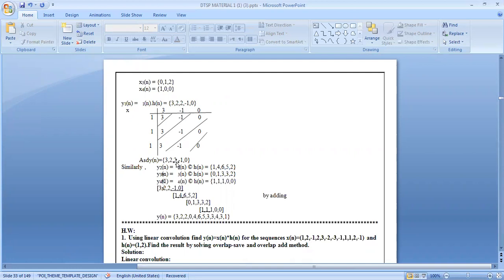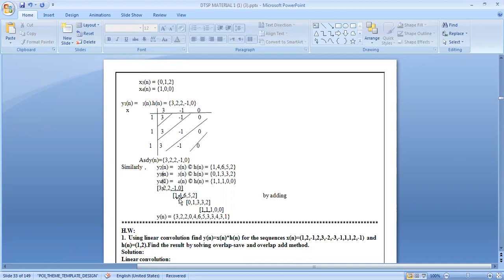In the overlap add method, the last 2 bits have to be added with the first 2 bits of the next output. For example, see over here 3, 2, 2. The last 2 bits, minus 1 and 0, have to be added with the next 2 bits, 1 and 4.